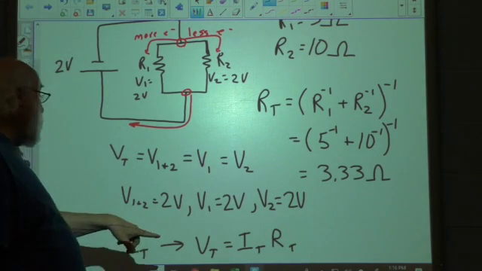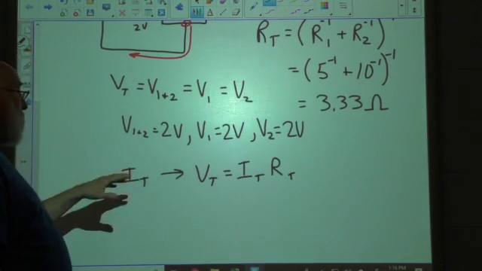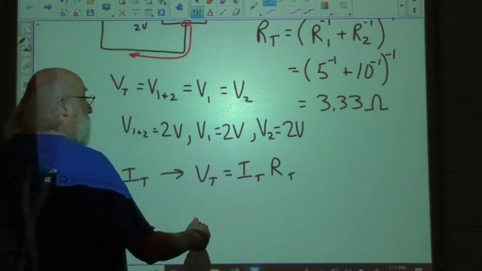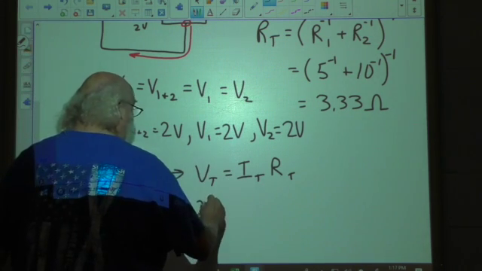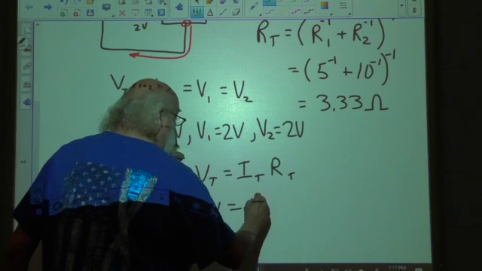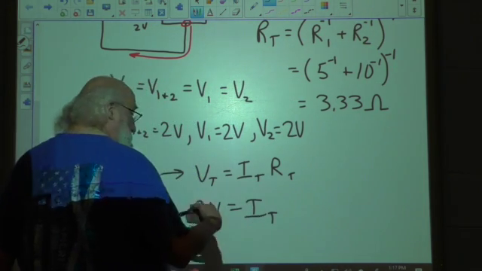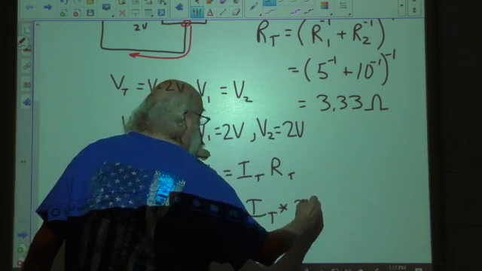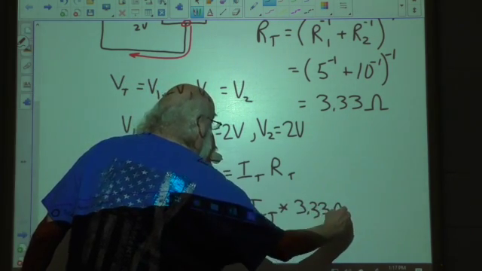Now we can figure out I total, because we have V total and R total. The total voltage here is 2. We're trying to solve for the total current times the resistance, which is 3.33 ohms.